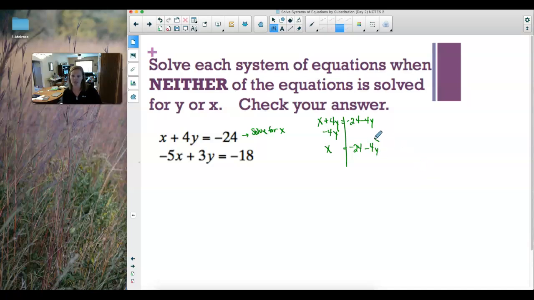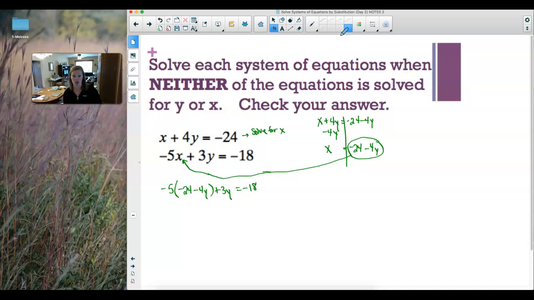Now we take that and substitute it in for x in this second equation. So we put it right into there, because x equals that, we can substitute it for x. So we have negative 5 times (negative 24 minus 4y) plus 3y equals negative 18.